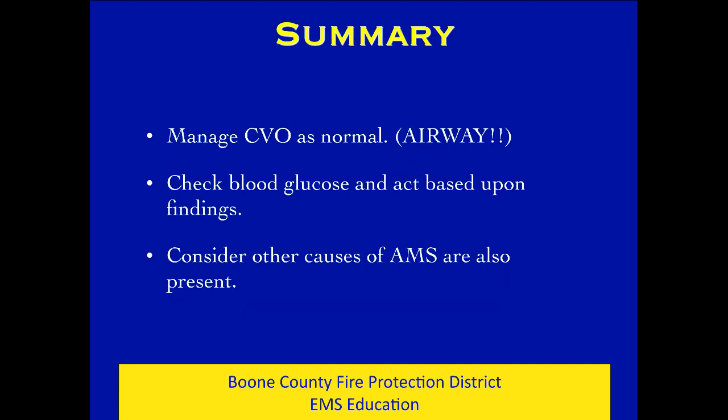So, summary to this, altered mental status in general, manage that CVO as normal. Airway. People should not be snoring. People should be ventilating normally. Start with simple stuff, positioning and jaw thrust, and kind of hold back a little bit on these altered mental status patients. Hold back on your oral and nasal airways unless you absolutely need them.